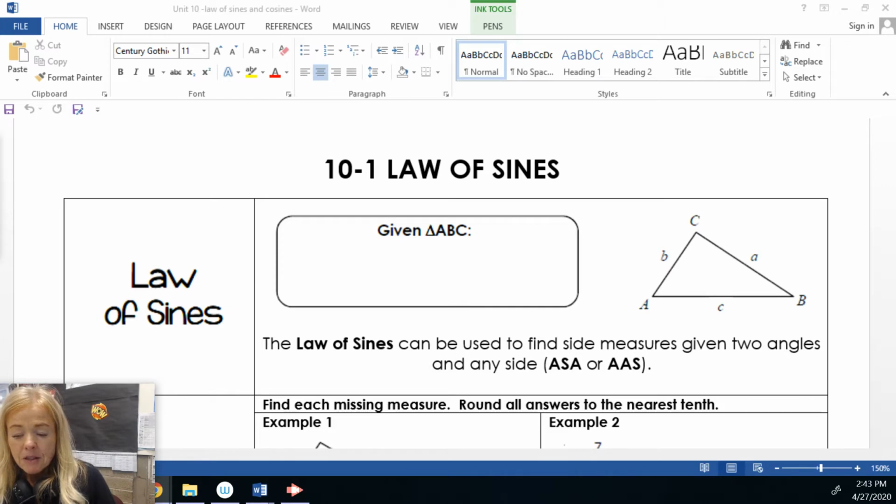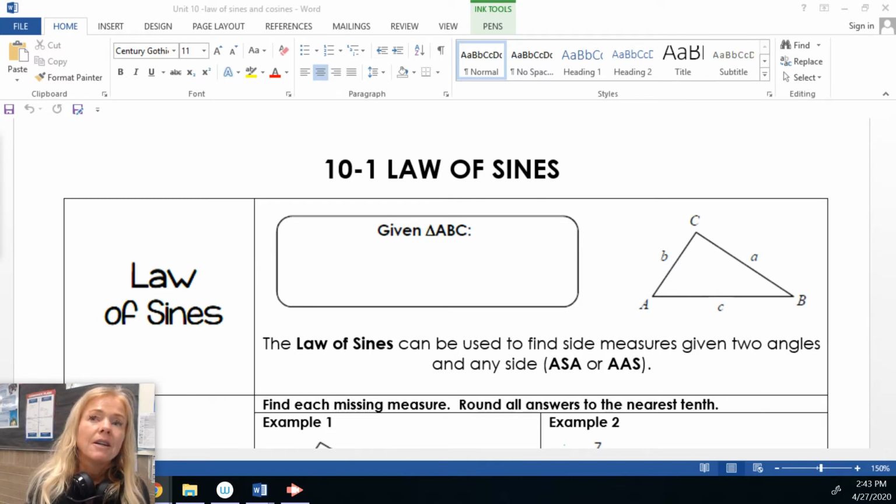So if the triangles don't have a right angle and we still want to figure out a side measure and/or an angle measure, we cannot use the traditional sine, cosine, and tangent as they are because they relate sides and angles of right triangles together. So the law of sines is there for us when we don't have a right angle.